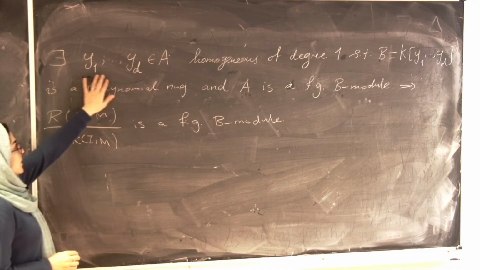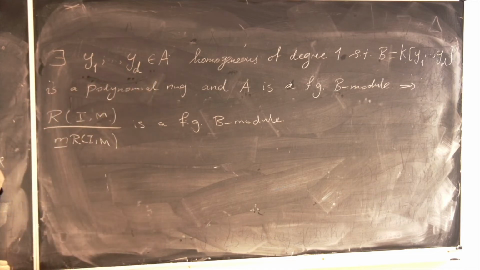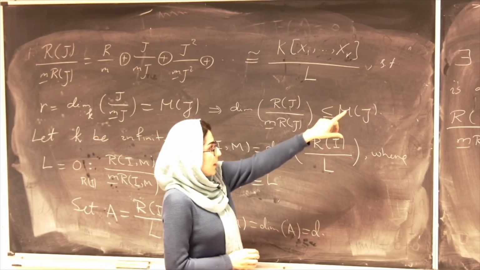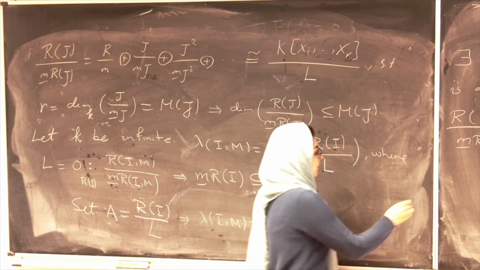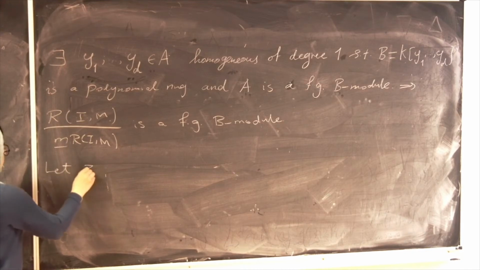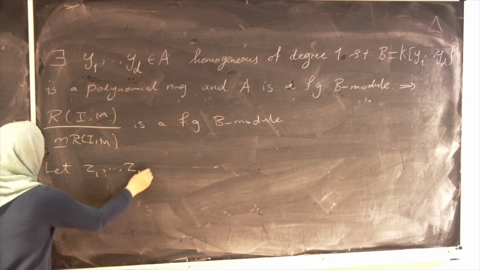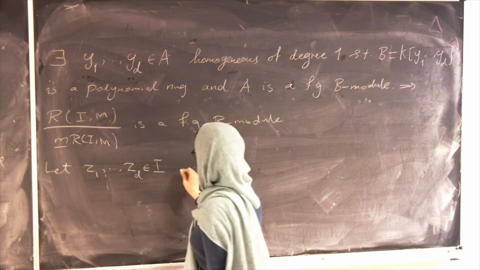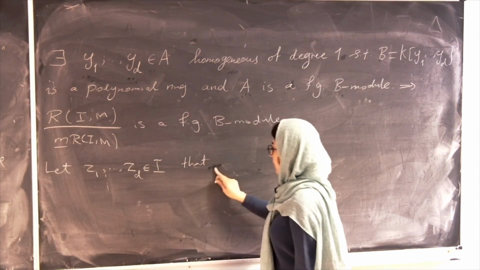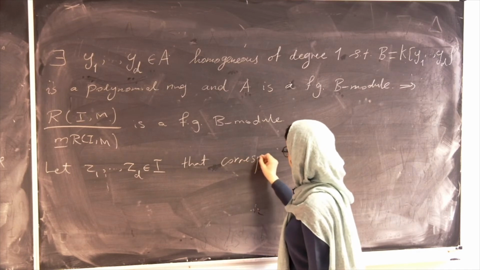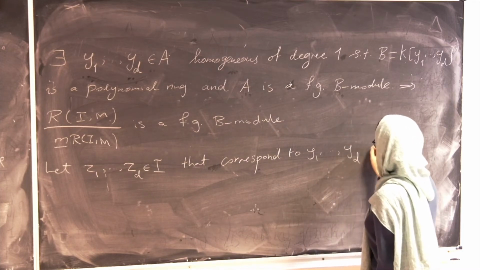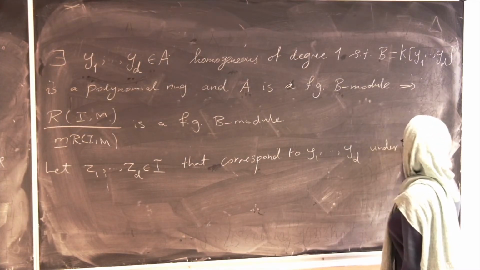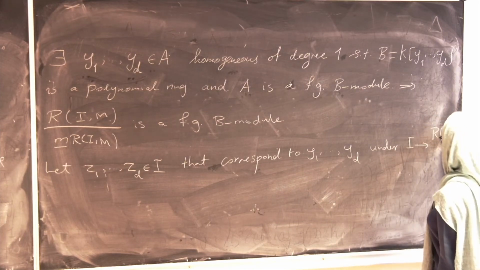We have these elements y1 to yd in A. Looking at the structure of our ring A, these elements come from some elements in the ideal I. So let z1 to zd be some elements in I that correspond to y1 to yd under this natural map from R(I) to R(I) mod m R(I).